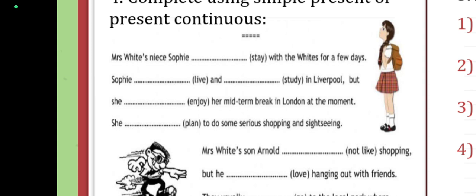You got it, Miguel? Teacher, because that situation is linking with the before sentence. You're right. Oh, she's enjoying her midterm break in London at the moment. She's planning to do some serious shopping and sightseeing. And sightseeing, really good.